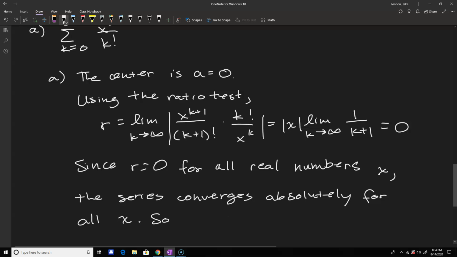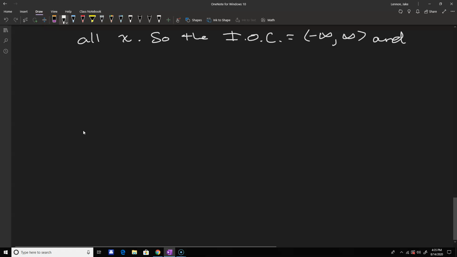So the IOC is negative infinity to infinity, and capital R is equal to infinity. So the radius of convergence is infinity.